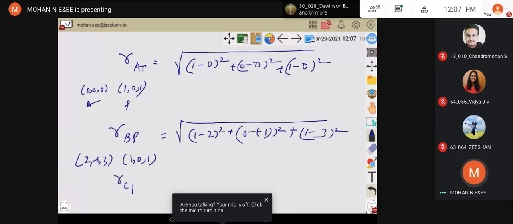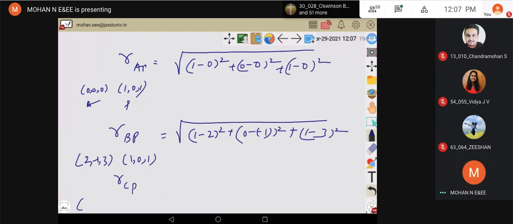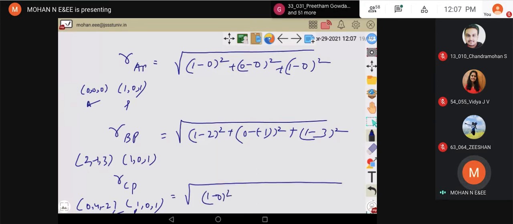Next RCP. C is at (0, 4, -2) and P is (1, 0, 1). Square root of (1 minus 0) squared, (0 minus 4) squared, (1 minus -2) squared.